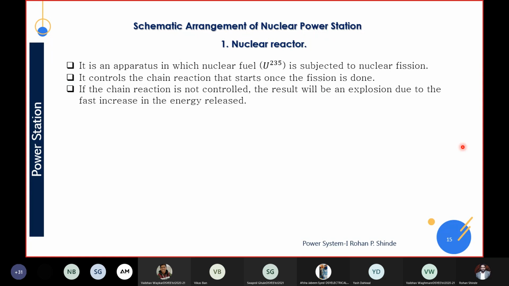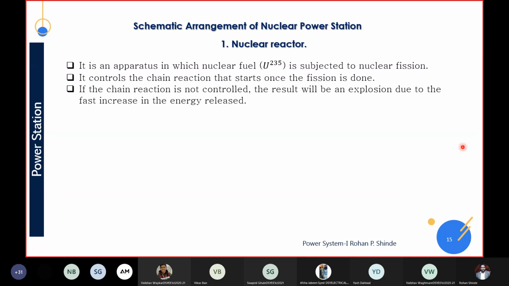Nuclear reactor is an apparatus in which nuclear fuel is subjected to a nuclear fission. Okay. See here, nuclear reactor is an apparatus where nuclear fission takes place, and this nuclear reactor can control chain reaction at start once the fission is done.